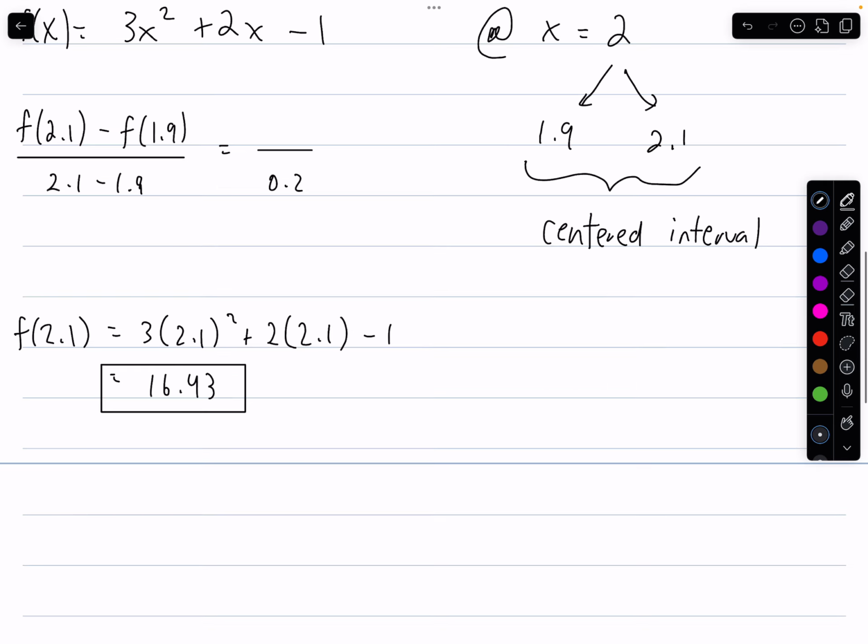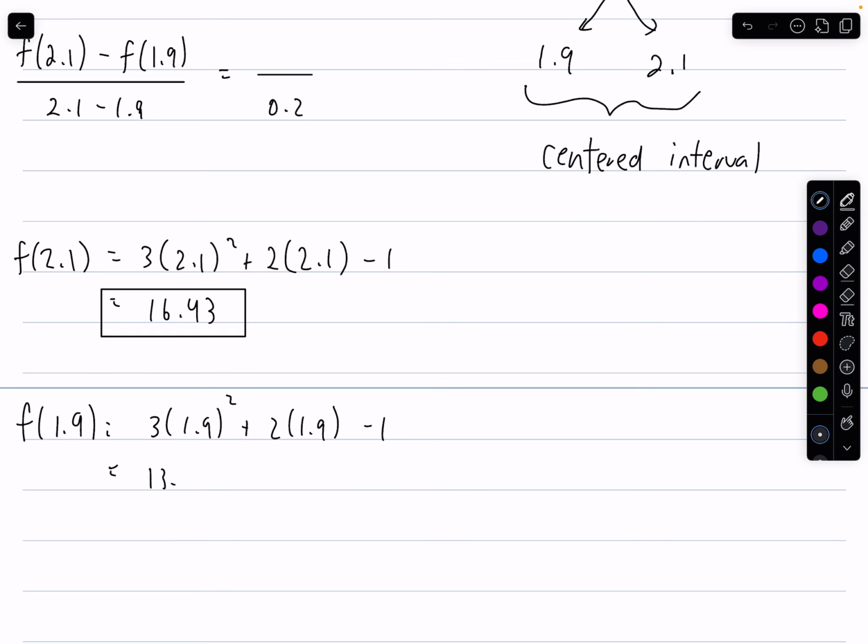And then if we take f at 1.9, you end up with 13.63.